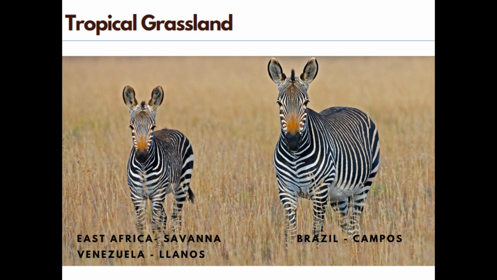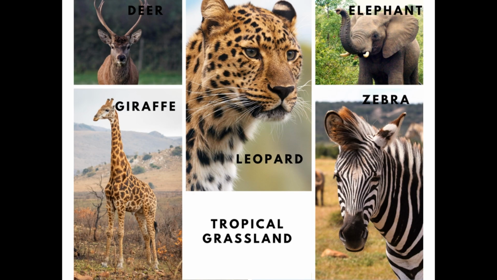A good example of tropical grassland is the savanna grassland, which is in Eastern Africa. Tropical grasslands in Brazil are called campos, and the one in Venezuela is called llanos. And some commonly seen animals in the tropical grassland region are elephant, zebra, giraffe, deer, and leopards.